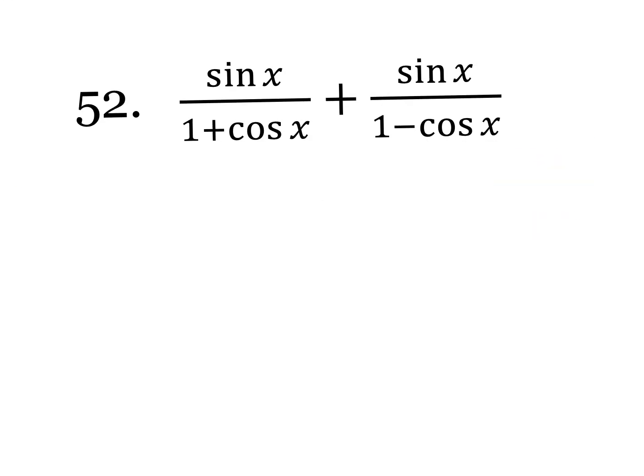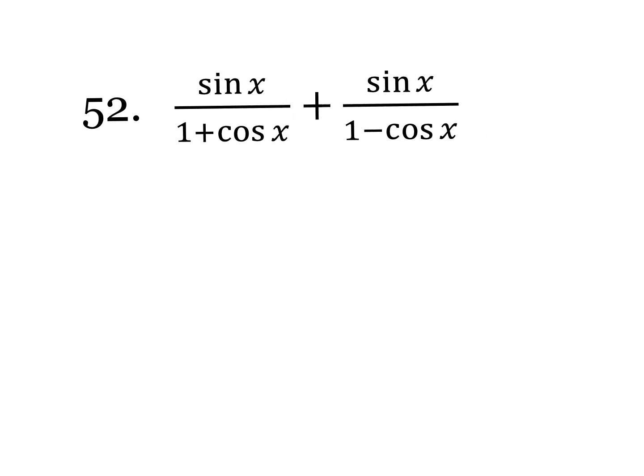Okay, last one. What if I've got 7/9 plus 7/4? We need a common denominator, because we're adding. What are we multiplying this one by? 4/4.